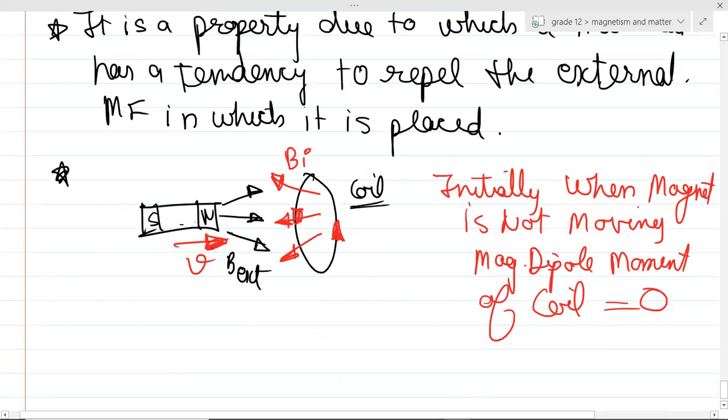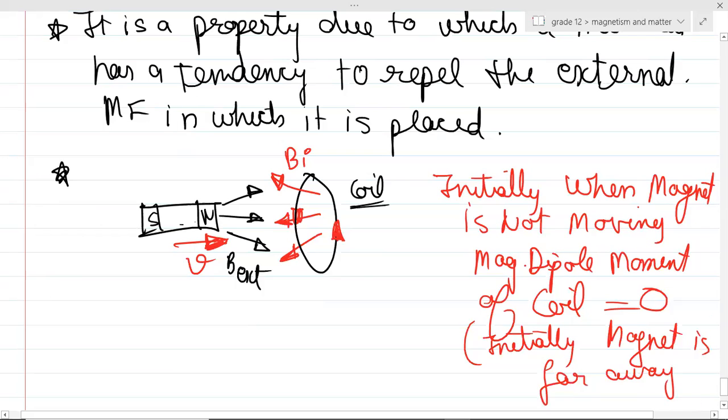If the magnet is at a very large distance away, then the coil will have no interaction with the external field, right? Initially the magnet is far away, so the initial magnetic dipole moment is zero.